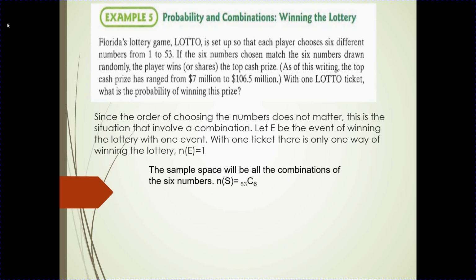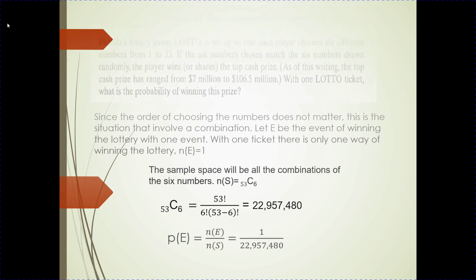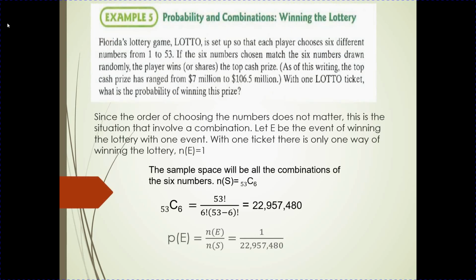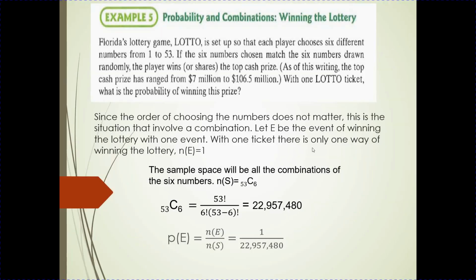Therefore, the probability will be the ratio of the event, which is 1, that means you have only one chance of winning, divided by 53C6, which is exactly 22,957,480. So you have about a 1 in 23 million chance of winning.